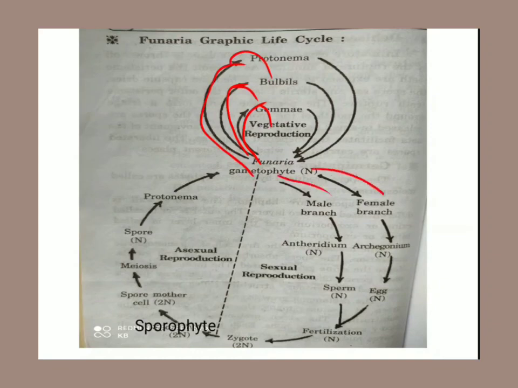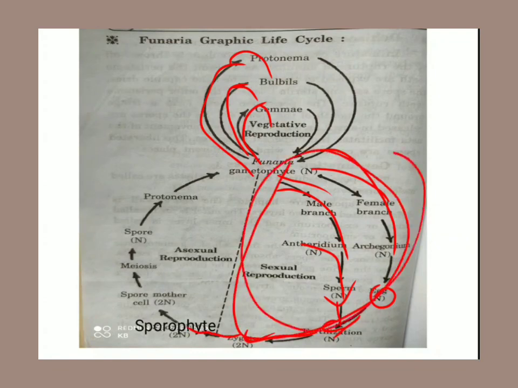Male branch develops, female branch develops. The male branch is known as the antheridium, the female branch is known as the archegonial branch, and the male antheridium develops sperm cells, also known as antherozoids, and the archegonium develops an egg cell. They fuse in fertilization, and then it develops into the zygote. This phase is known as the gametophytic phase.